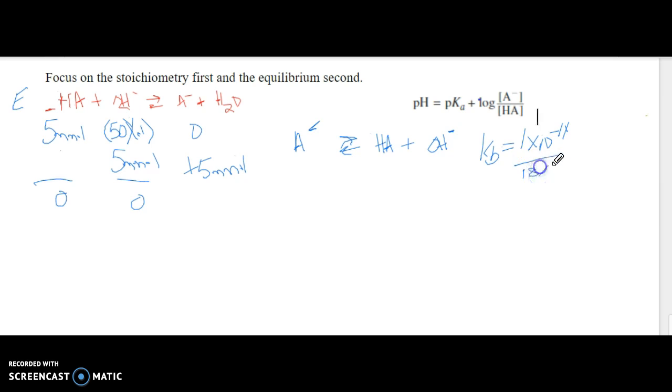8 times 10 to the negative 5th. Which is going to be 5.6 times 10 to the negative 10. So we're going to have 5 millimoles over 100 milliliters. 0 of each of these, again minus x plus x and plus x.